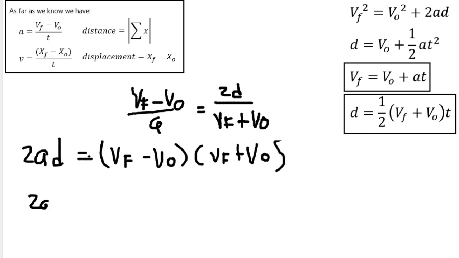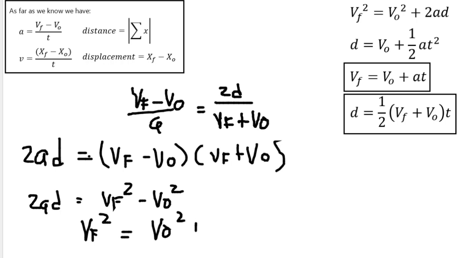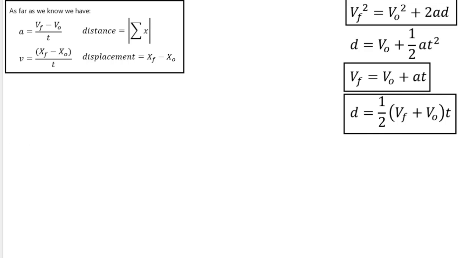As we can see, it's just a difference of perfect squares, so we can write it as V final squared minus V initial squared. Now moving V initial squared to the left side, we can rearrange our equation, and this is going to be V final squared equals V initial squared plus 2ad. So they look alike. This is the equation for that.